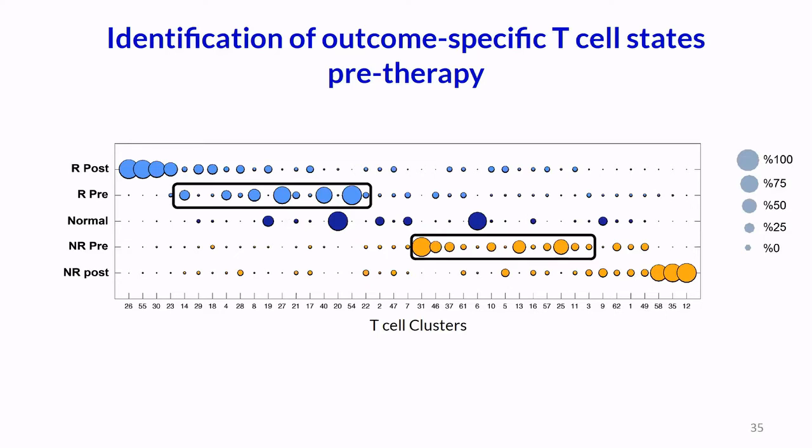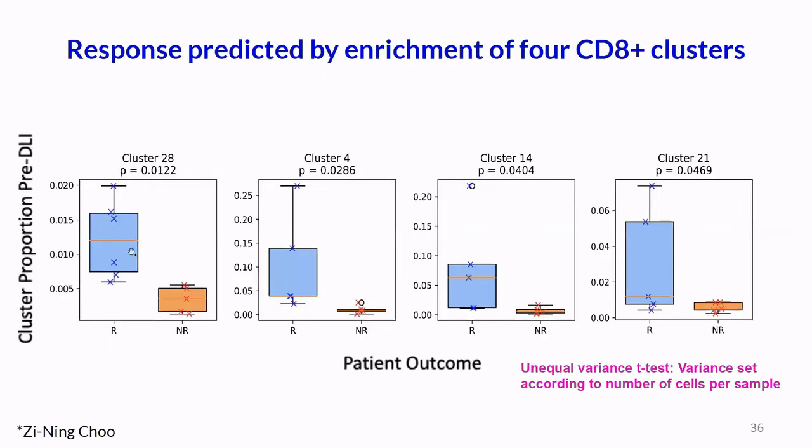So first we found multiple T cell states that are predictive of outcome at the baseline level, but surprisingly, none of the non-responder specific states were consistently seen across all patients. Again, kind of supporting the Anna Karenina principle, but 4 of these T cell states enriched in the responders were consistently more abundant in responders compared to non-responders, and these were all CD4 positive clusters.